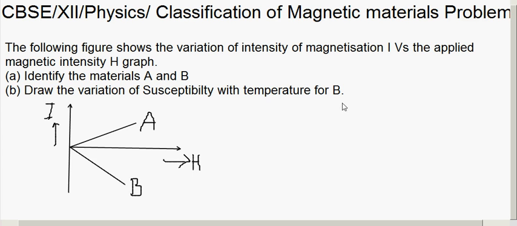B is diamagnetic, and we know that the susceptibility of a diamagnetic material is independent of temperature, so it will be constant.